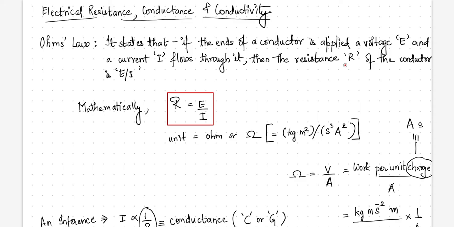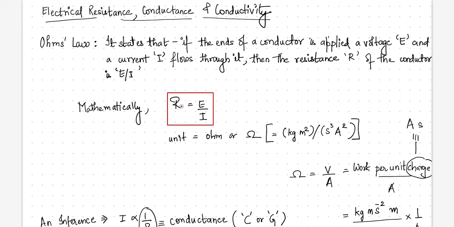Then, if you want to define what you mean by resistance, which is written as capital R, it would be simply the ratio of voltage upon the current. So mathematically we can write Ohm's law as resistance equals the voltage divided by the current. This is a very important relationship, and it's valid for any type of conductor.